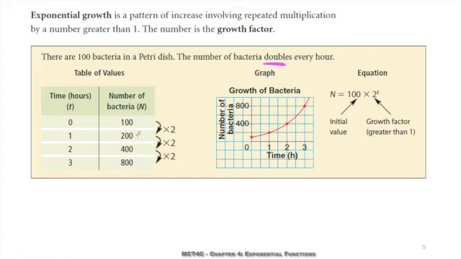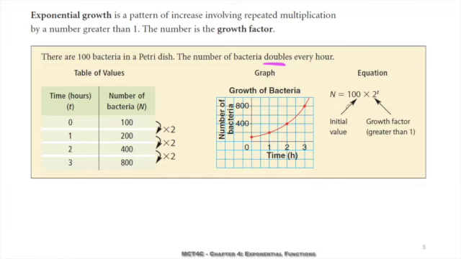So 100 times 2 is 200, 200 times 2 is 400, and you keep going. You can then take that table of values and graph it. Just take those coordinate points: (0, 100), (1, 200), (2, 400), (3, 800).